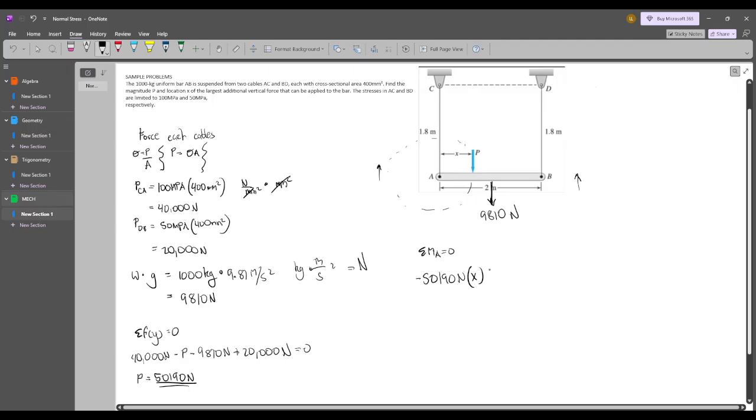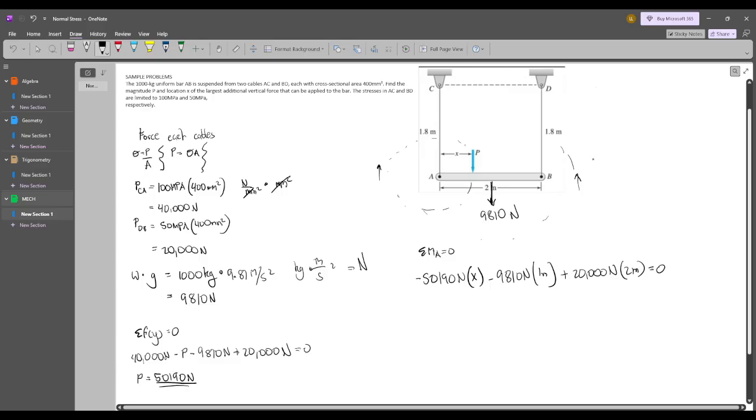But let's not forget the distance of P from A. It's just 1 meter. This goes upwards, so it's positive. I mean, it's not positive because it goes upwards, it's positive because it rotates counterclockwise in relation to A. So that'll be 20,000 newtons, and its length will be 2 meters away from A.